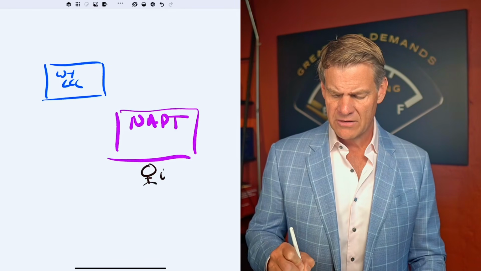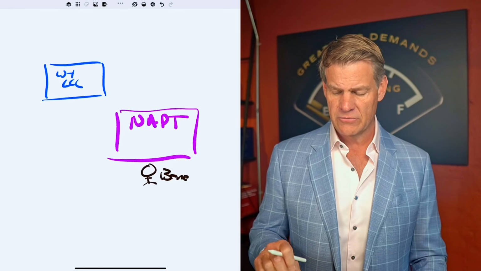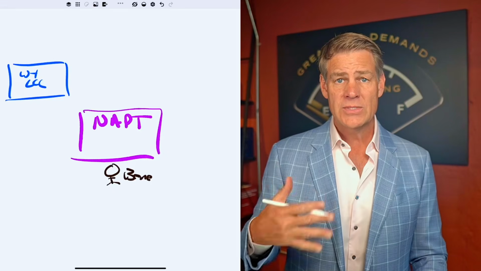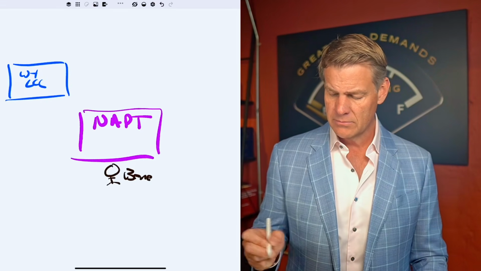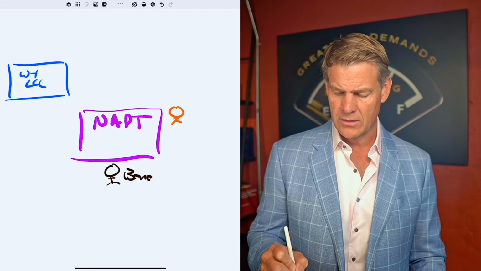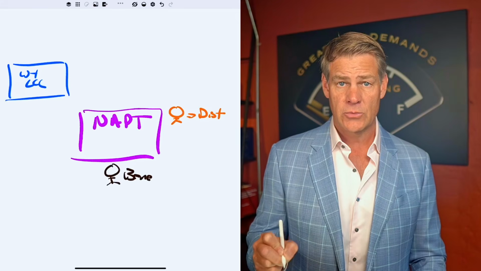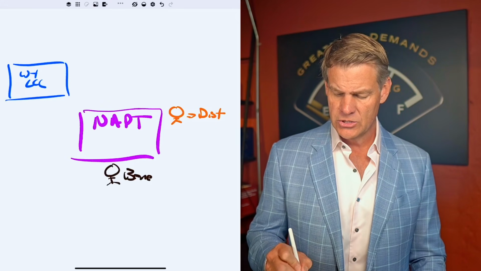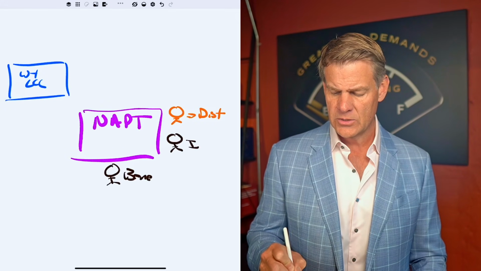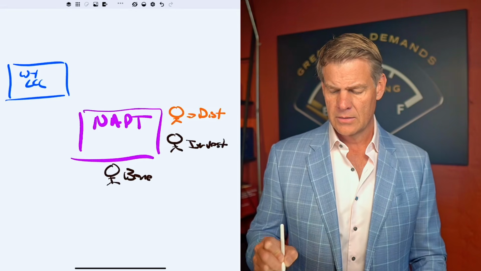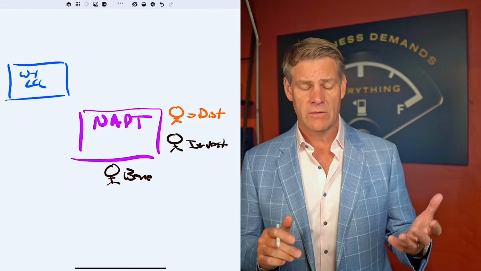You will be the beneficiary of this trust. Then we're going to use that same trustee structure again, where I'm going to put an orange person right here. Here's your distribution trustee, and then this is you. You are the investment trustee. So you're set up there where you can invest the assets.